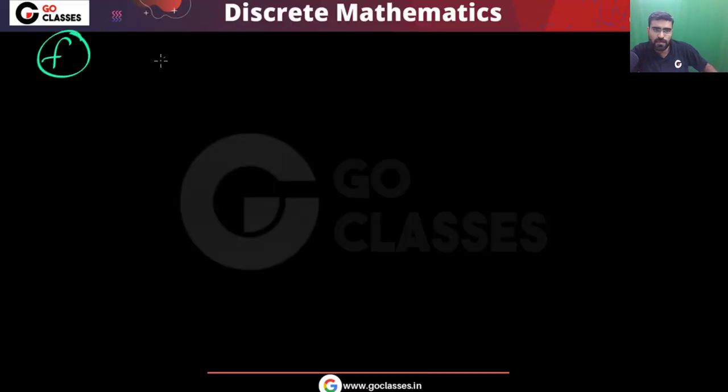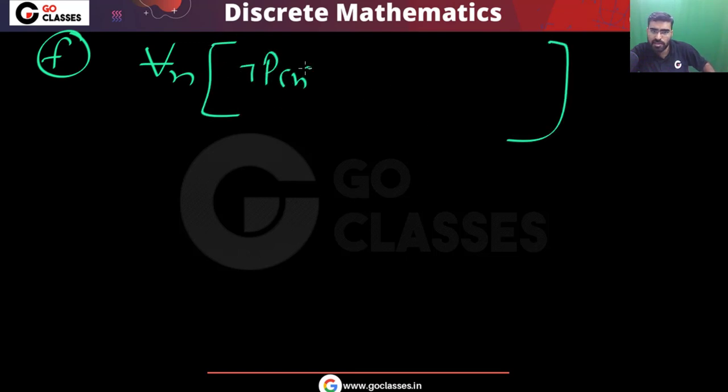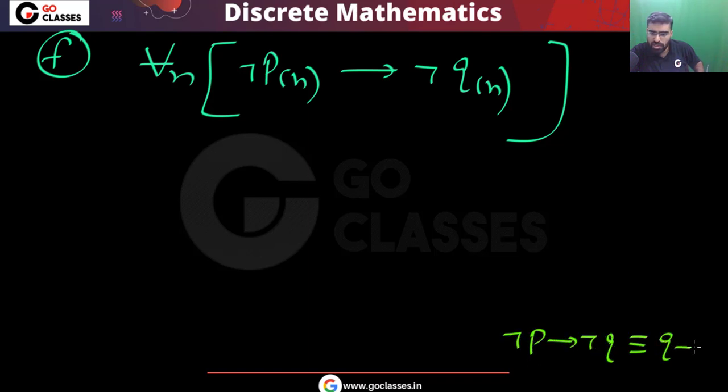So F says that for all integers, negation p(n) implies negation q(n). We already know that any conditional statement is equivalent to its contrapositive.